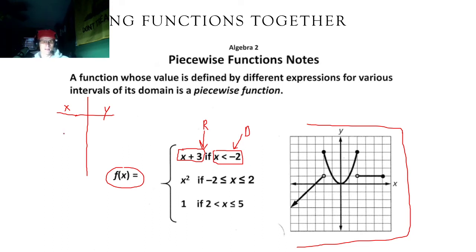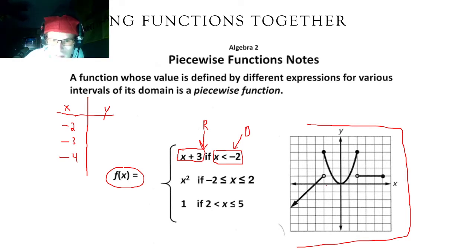So we are going to start off with negative 2, negative 3, and negative 4. If x is negative 2, y equals 1, because negative 2 plus 3 is 1. Negative 3 plus 3 gives me 0, and negative 4 plus 3 gives me negative 1.